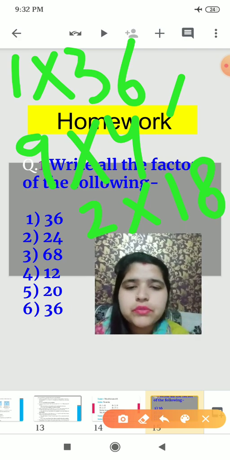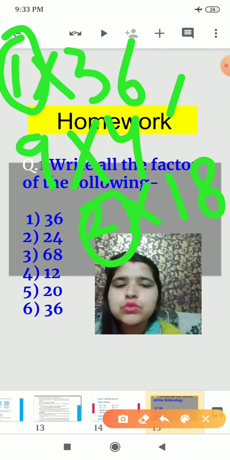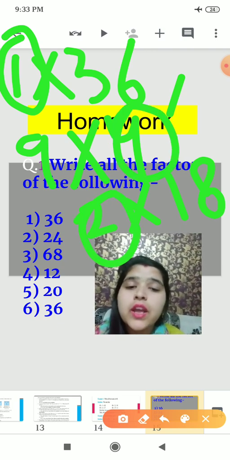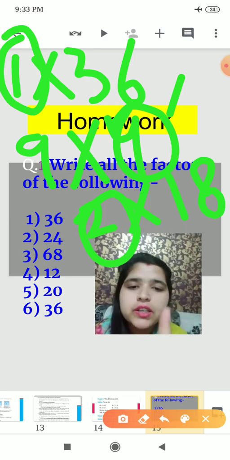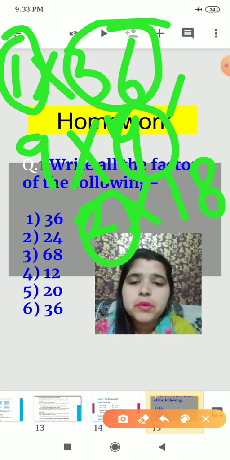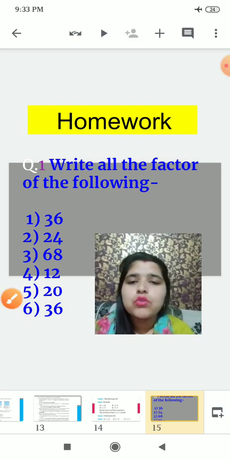So that will form the factors. Then take the numbers 1, then 2, then 4, then 6, then 9, then 18. Okay, and the last one, 36, will definitely come because it is the number itself that gets multiplied. So same way you all have to do this.